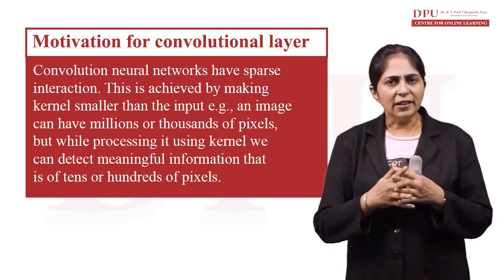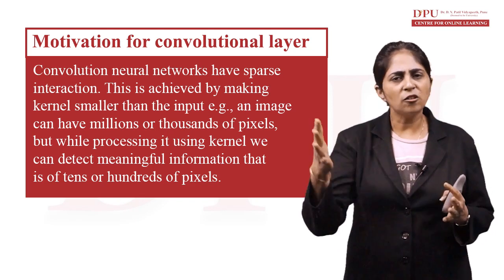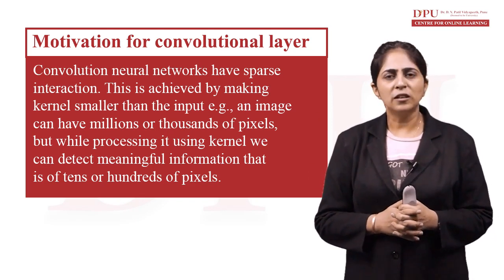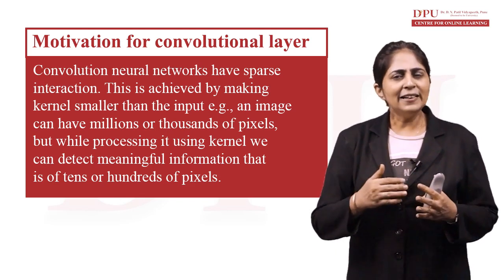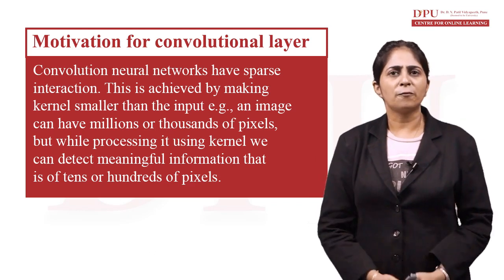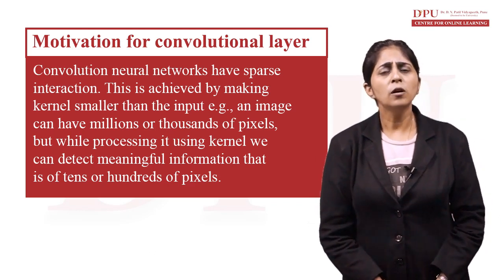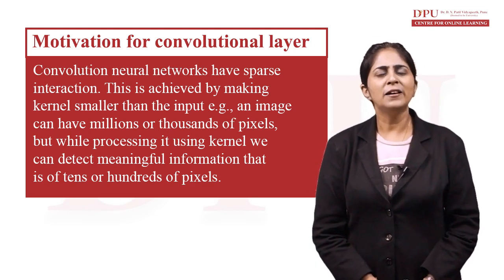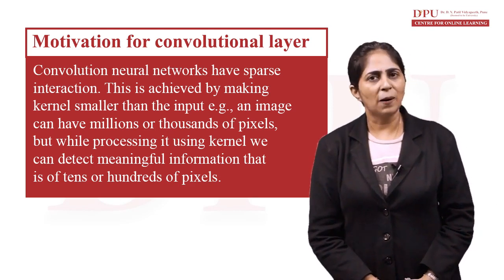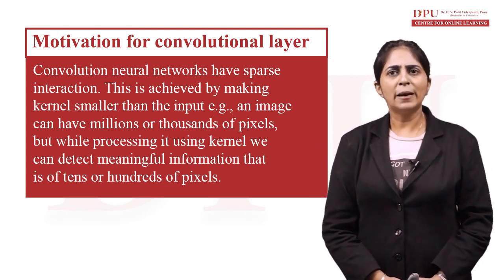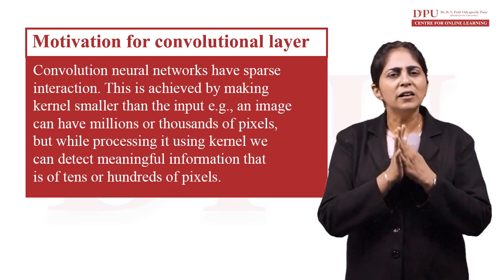For example, an image can have millions or thousands of pixels, but while processing it using the kernel, we can detect meaningful information that is of tens or hundreds of pixels. So where we are applying this convolutional network, we are applying sparse interaction. It is achieved by making our kernel smaller than the input.